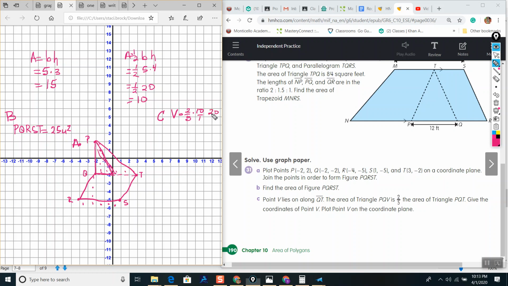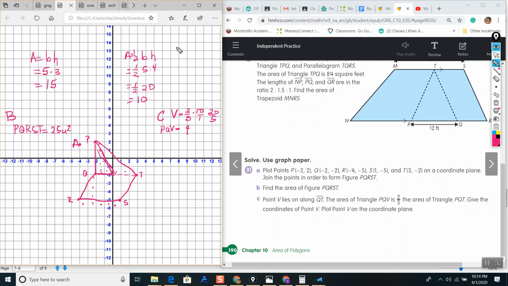So I get 20 over 5. So I find out that the area of that triangle PQV is 4, right? 20 divided by 5 is 4. Okay, so now I need to figure out where that point is. I know the area is 4, but I don't know where that point is. So I don't know what the base is. I know what the height is, but not the base.